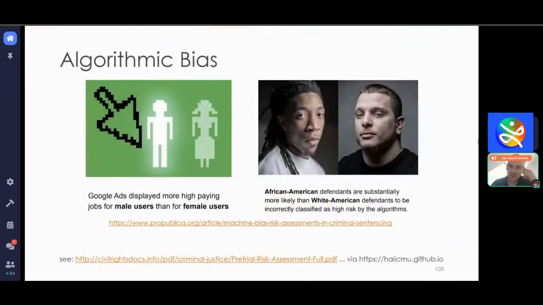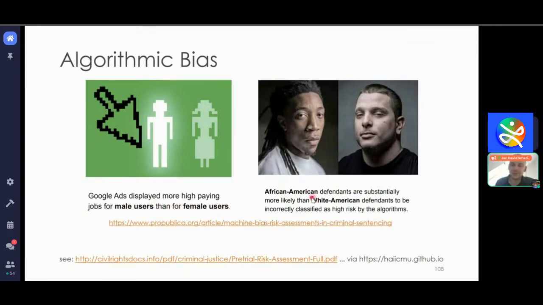The Gender Shades example I showed makes it pretty apparent why that's an issue we need to talk about. But just to give you some more examples that really drive the point home that this is an issue in operation: there are studies showing that Google Ads display more high-paying jobs for male users than for female users.